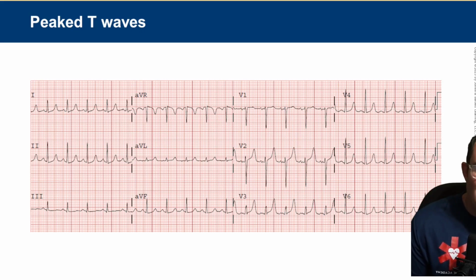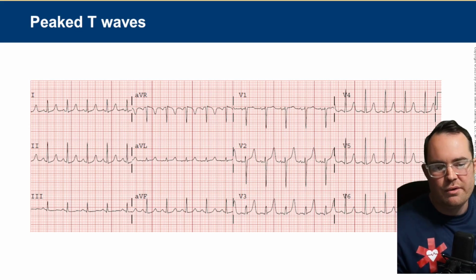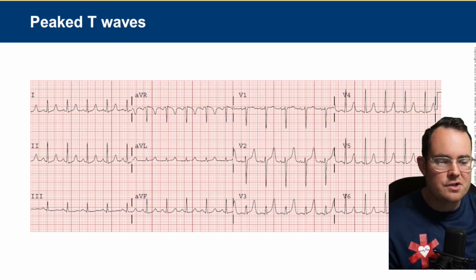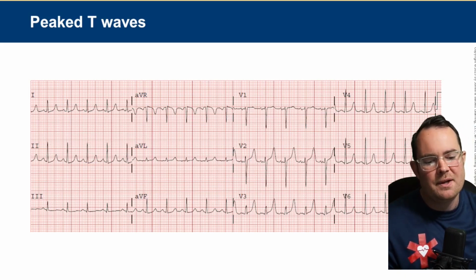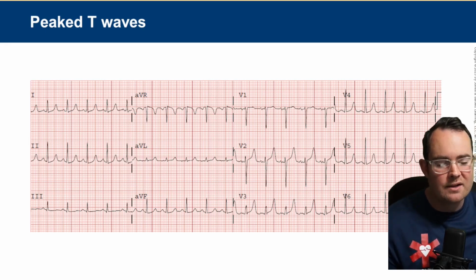Now, with regards to height on T wave abnormalities, typically in the limb leads, that's the left side of that EKG: one, two, three, AVR, AVL, AVF. Those are limb leads. I typically want my T wave to be below 5 millimeters, right? One large box.